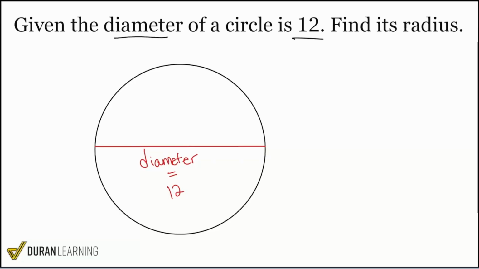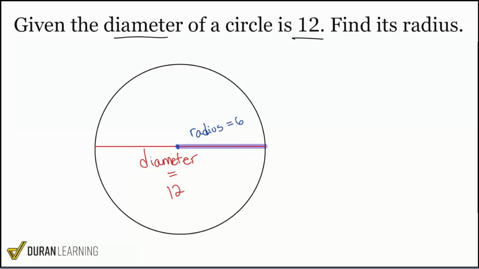Again, the radius would be from the center to the edge, not all the way through. Just about halfway. And so with that, that would make it half of the diameter. The radius would be 6.